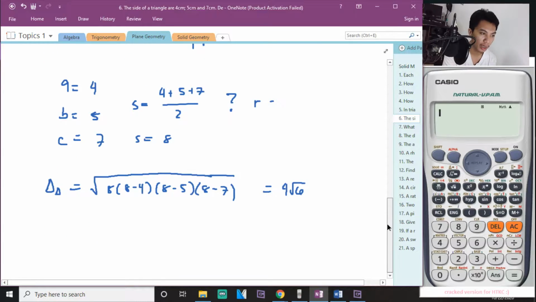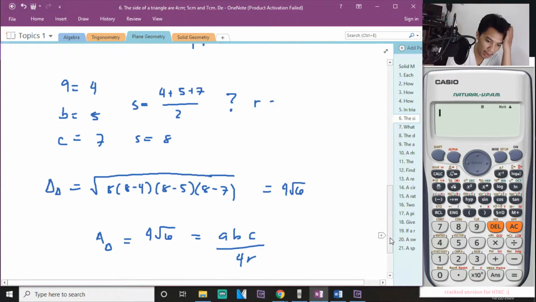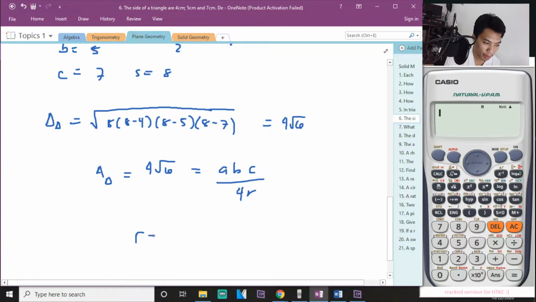Ngayon, makukuha na natin yung R. So, area of triangle is equal to 4 square root of 6 equal to ABC over 4R. Hinahanap natin si R. So, R will be equal to ABC over 4 times area, which is 4 times 5 times 7 over 4 times 4 square root of 6.